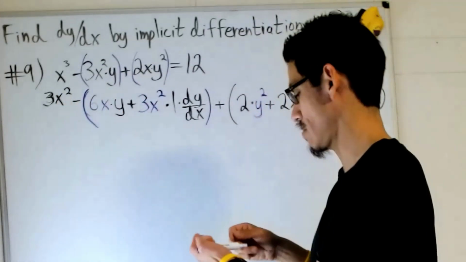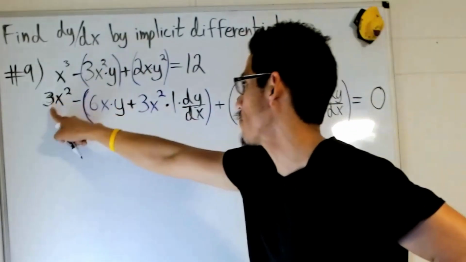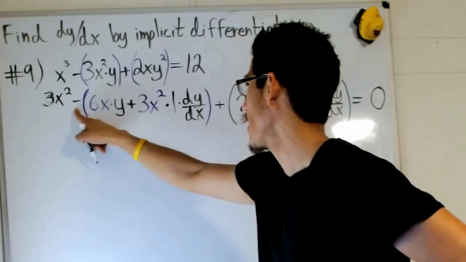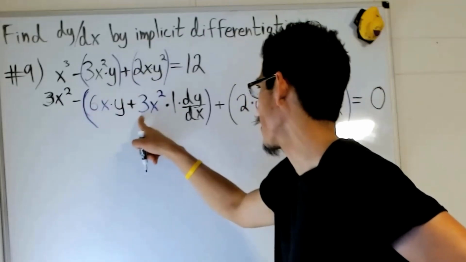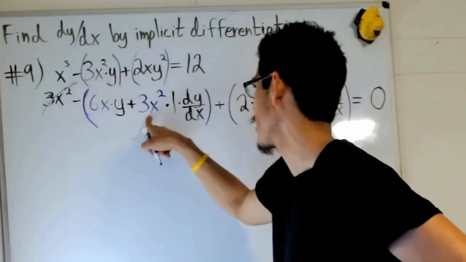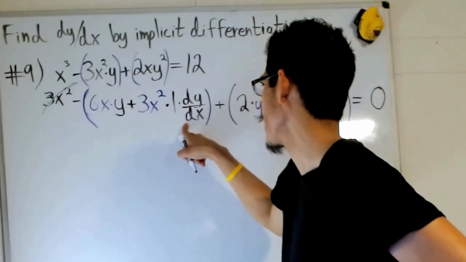So we have 3x squared, minus 6xy, minus 3x squared. So these actually cancel. Well, actually, sorry, no. We have 3x squared times the dy/dx.